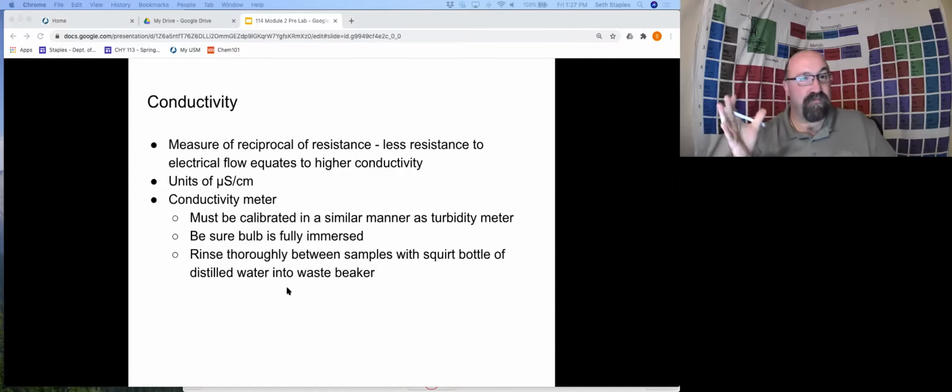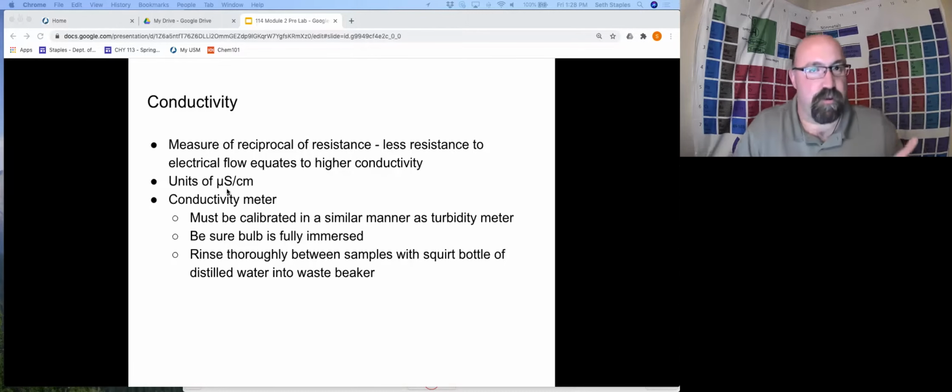And so the less resistance, the easier it is for electricity to move, and the higher the conductivity values. The units that we use for conductivity are microsiemens per centimeter. You see that here. Siemens are just an electrical unit.